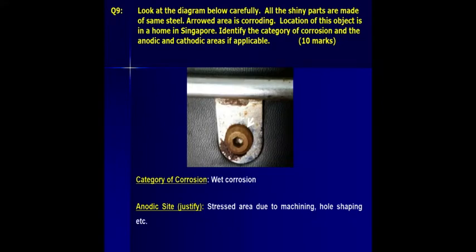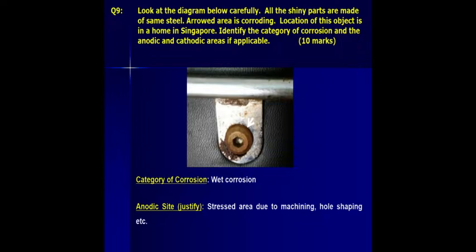And then question number 9, look at the diagram below carefully. All the shiny parts are made of the same steel. So initially this was also a shiny part which I explained, but some people left early, so they get some benefit of doubt. So all these parts are made of the same thing. Arrowed area is corroding. So this is an arrow, this area is corroding.